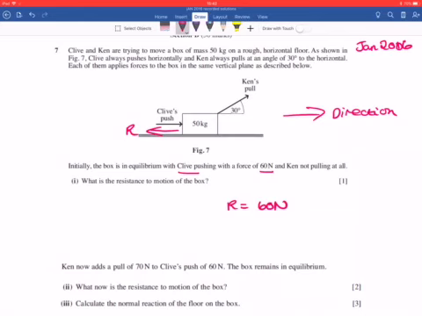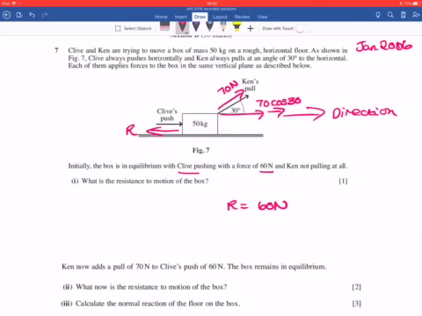Okay, right, part 2. Ken now adds a pull of 70 newtons to Clive's push of 60 and it still remains in equilibrium. So if we put on here, Ken's pulling 70 newtons, but in that direction it must be 70 cos 30 in that direction.